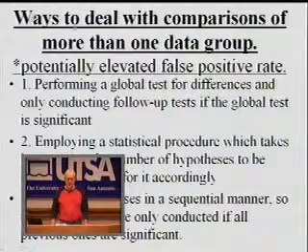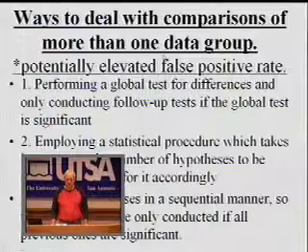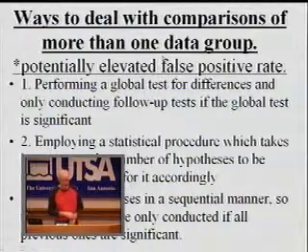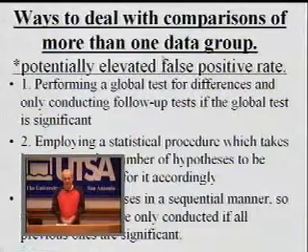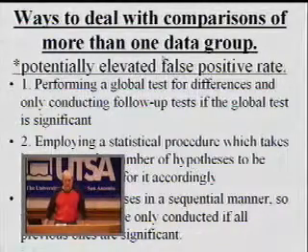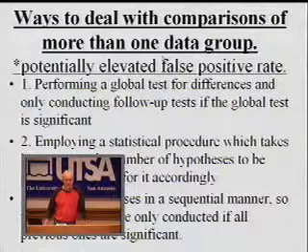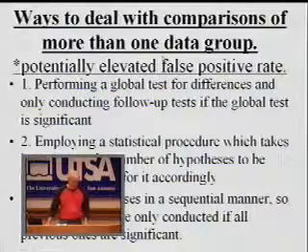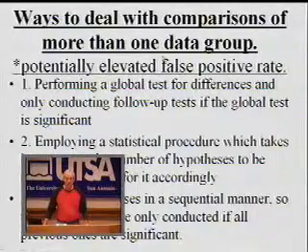So we're now considering ways to deal with comparisons of more than one data group. We talked about the student t-test, calculating the t-test statistic observed value, comparing it to the predicted value, the critical value on a table, for comparing two experimental groups, and the F-test for testing equal variances on two groups.